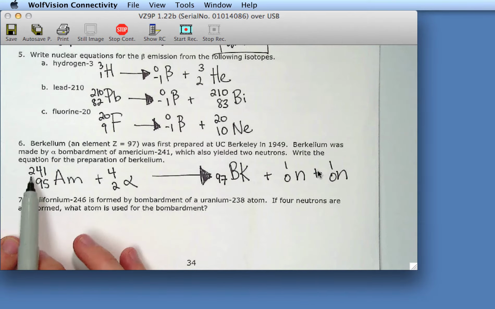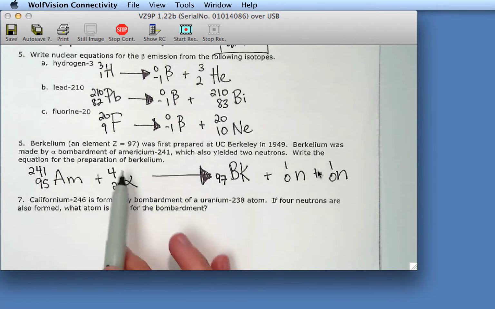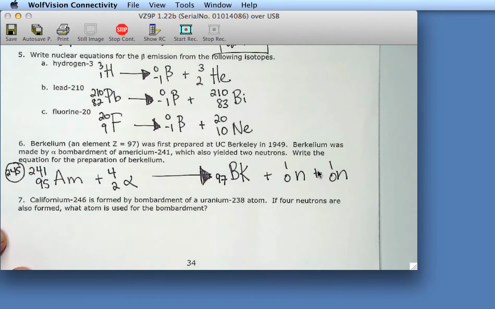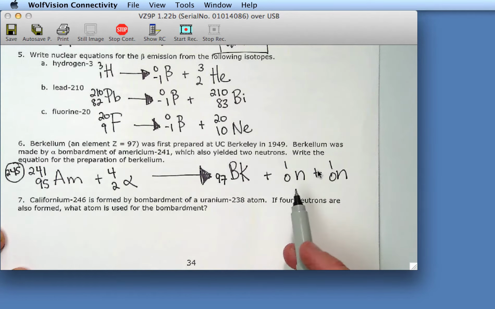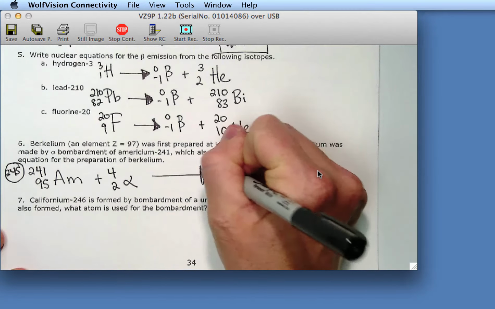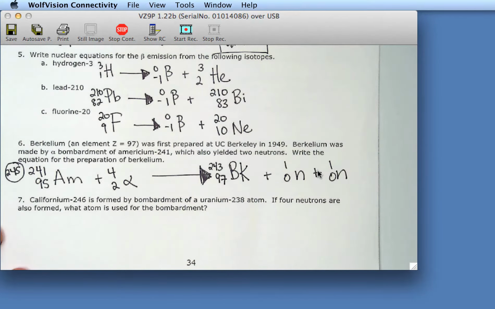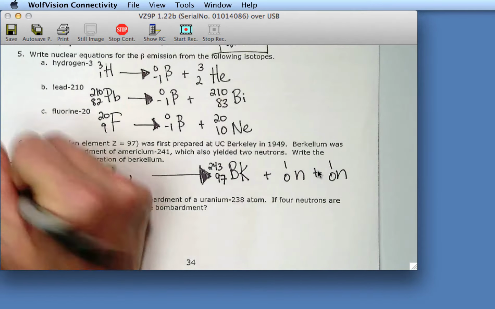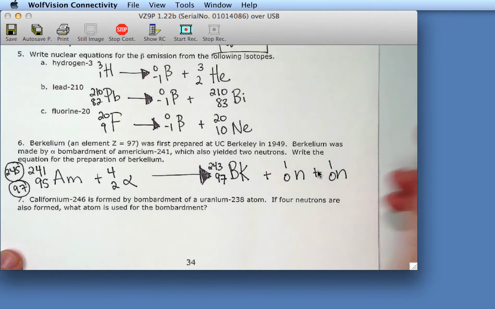Yes. My sum of mass numbers on the left, 241 plus 4, gives me 245. So on the right, I need to have 245 as well. 243. Good. And then just double check that your atomic numbers check out. 95 plus 2 gives you 97. 97 plus 0 gives you 97.